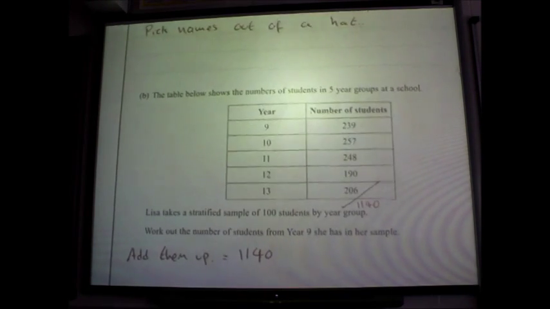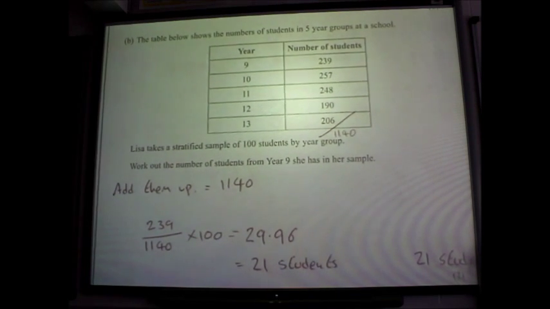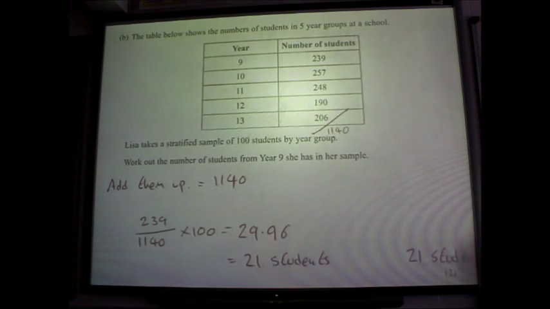Part B, it's about stratified sampling. First thing you need to do is add up the number of students, which I've done, and it's 1,140. And then you need to work out the percentage, if you like, or the decimal figure for how much 239 out of 1140 is worth.